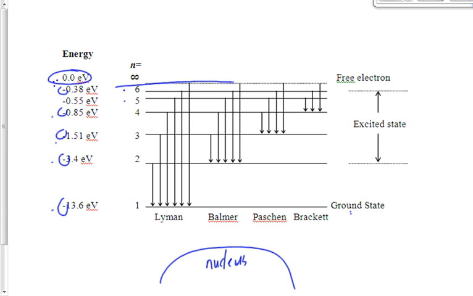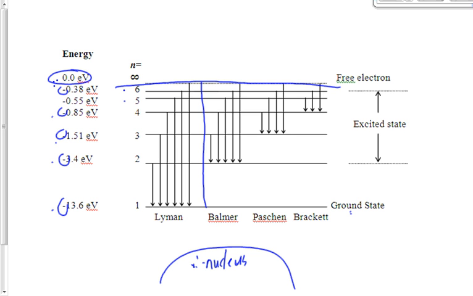When the electron has left the atom, it's become ionized. That's the point where we're going to define our energy as 0, our potential energy as 0. But as these electrons dig a hole and go down into the Earth, closer to the core of the Earth, or closer to the nucleus, their potential energy becomes negative. It becomes a bigger number, but negative value. Does that make some sense? Yeah?